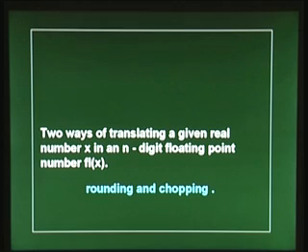Now let's look at the way of translating a given real number into an n-digit floating point number. We will represent this as FL of x. So you're given a number and a fixed number of digits, and you convert this into a floating point number with that fixed number of digits. Like we saw with pi, you're given pi and told that you have a 6-digit floating point number, and you convert that.